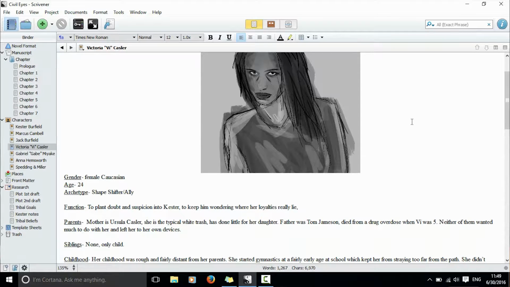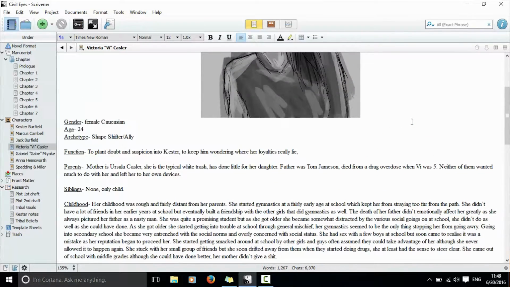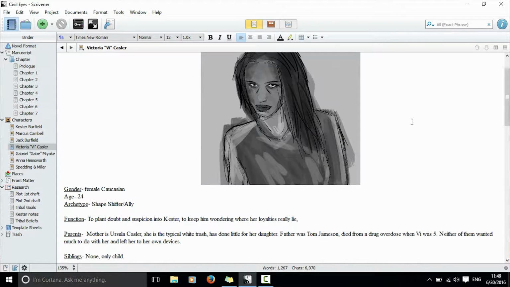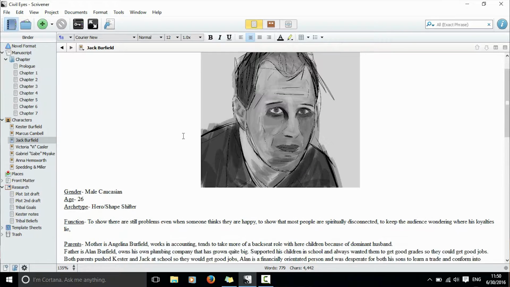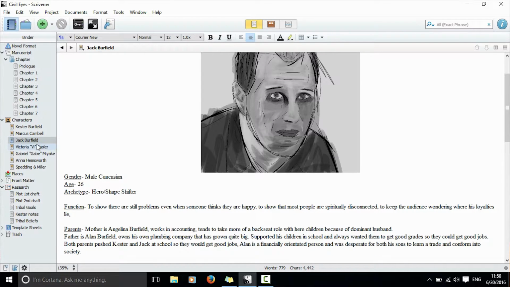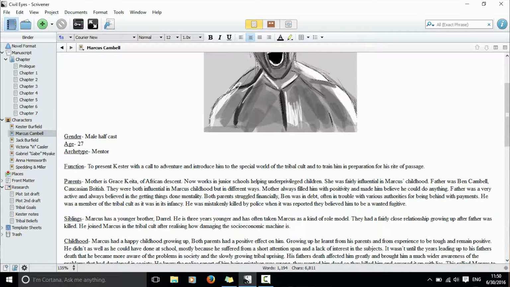She seems kind of shifting and two-faced, and he can't really see if he can trust her. He doesn't seem like he's ever seeing eye to eye with her. And then you've got the brother, hero and shapeshifter. I was actually supposed to show you this one, who is kind of like the mentor figure.